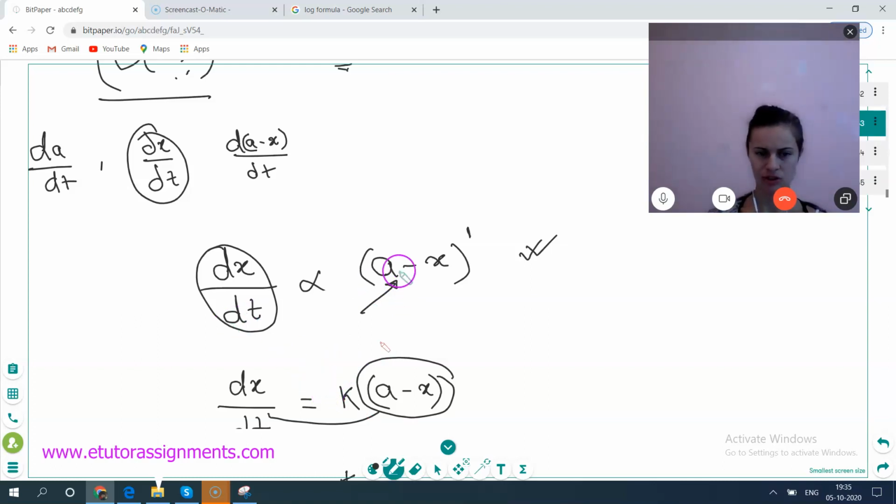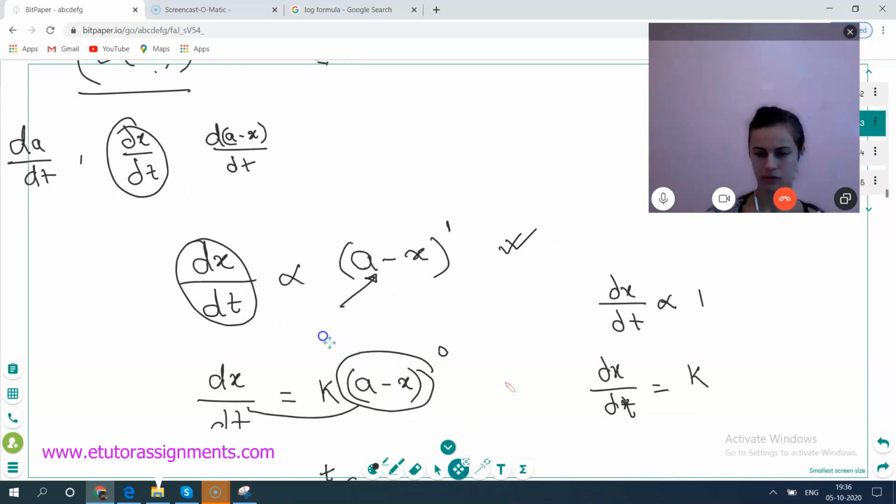For the zero order, it's not dependent on concentration. It's zero order here. dx by dt is proportional to 1, or dx by dt is equal to a constant k. Is it clear? Yes.